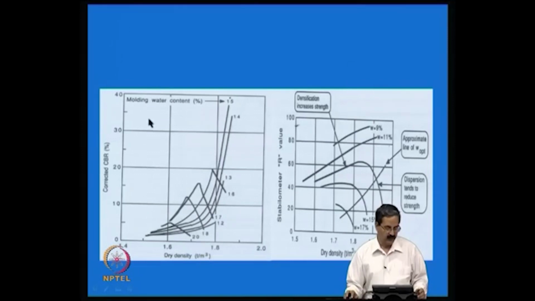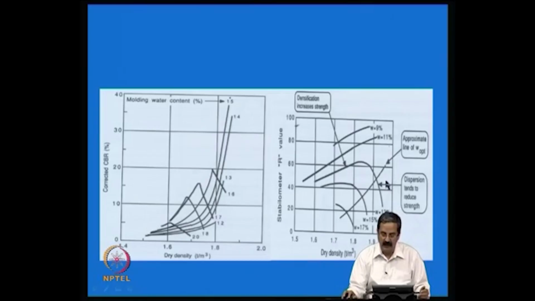CBR is a penetration test. The strengths are least when the water content is very high, like 20%, but the strength is very high, with a CBR value of about 30 to 40%, in the dry condition. So you need to understand the variation of CBR as a function of molding water content, the water content at which you test the samples.